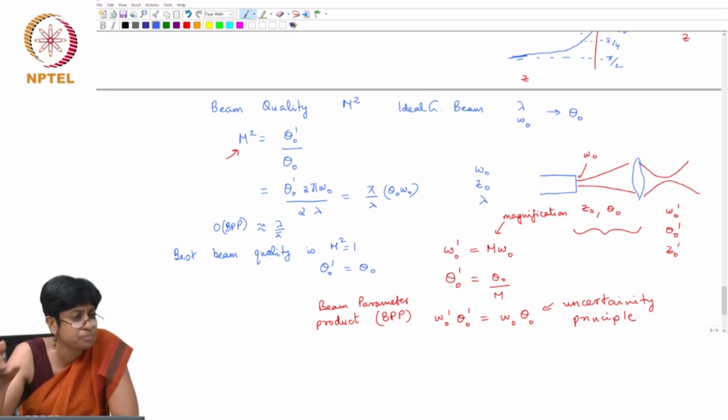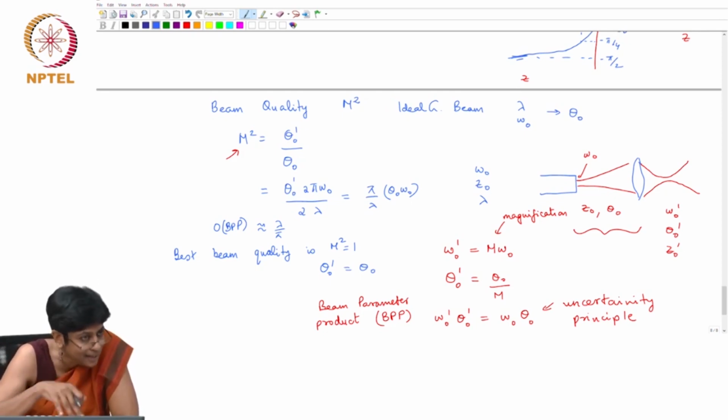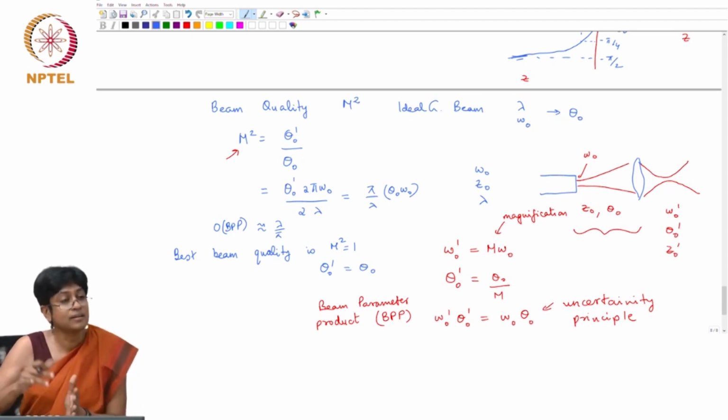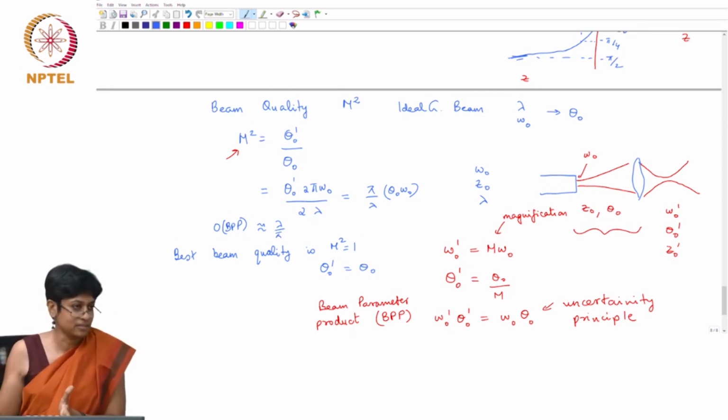This idea we have met before, because we've looked at resolution and we've said resolution is also related to wavelength. I may want a very, very small spot size, but it is finally a function of wavelength. And this idea comes through here again in the Gaussian beam, because the order of the beam parameter product is lambda by pi, and that product again relates to spot size and divergence.